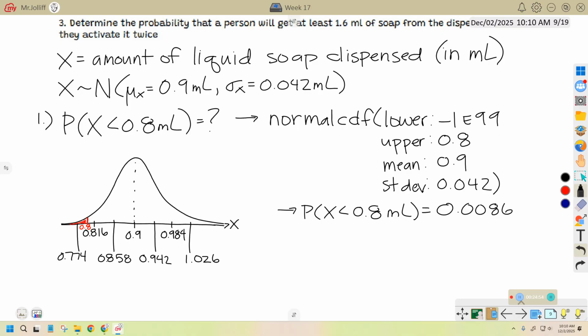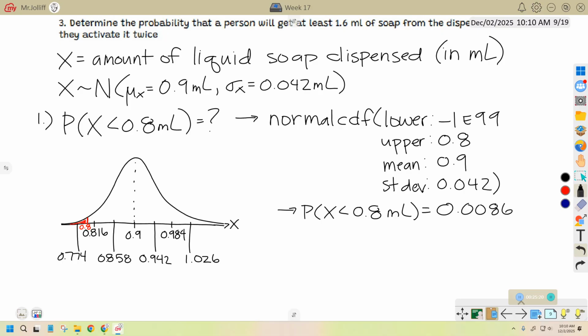Did you also get 0.008? Yours kept saying error. Did you use subtraction instead of the negative button? Comma. Above the 7. I'm going to assume we did that correctly for now.